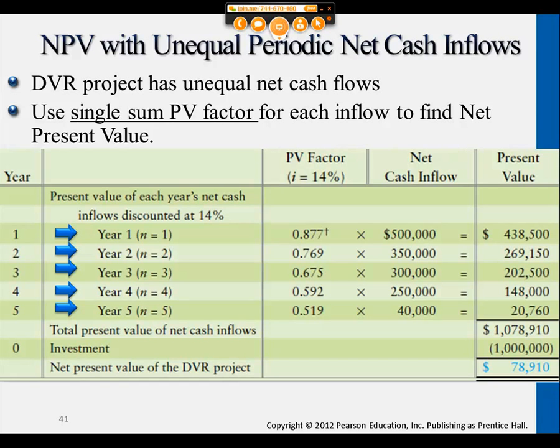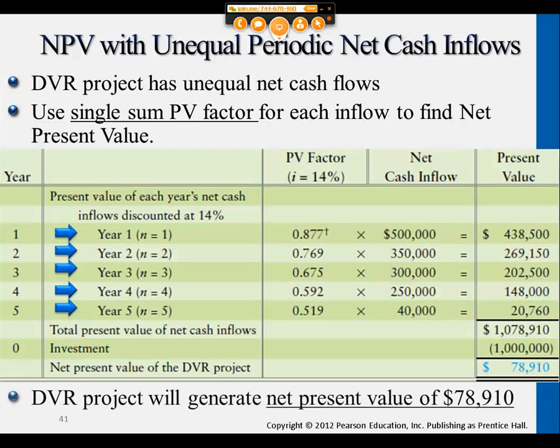Invested, right? So I found my net present value of the DVR project. Okay, so great. I have these numbers, but what do I do next?